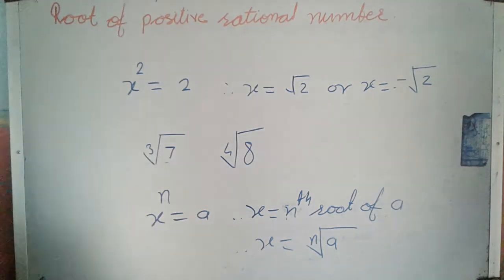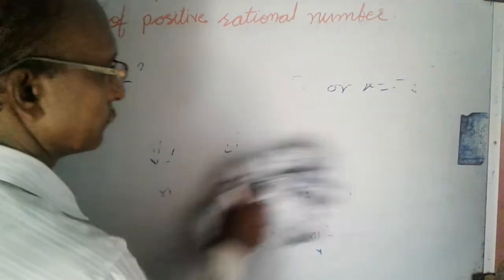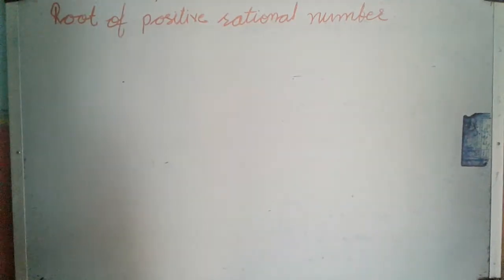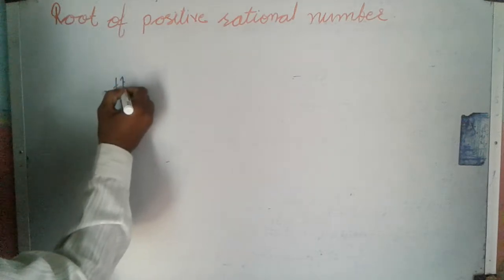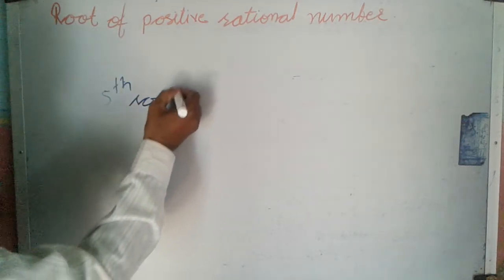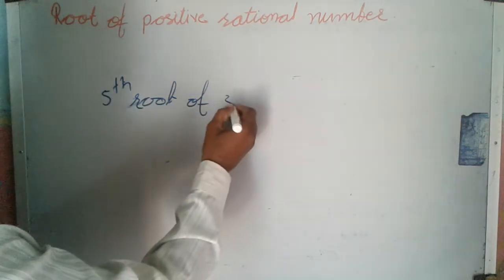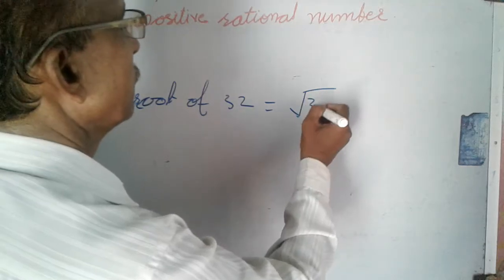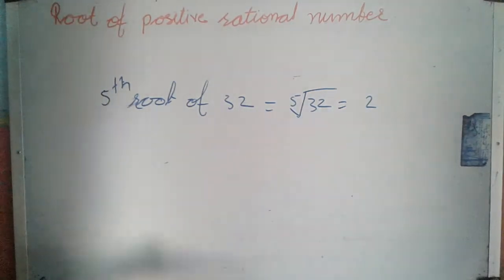And suppose the fifth root of 32 is equal to 2.